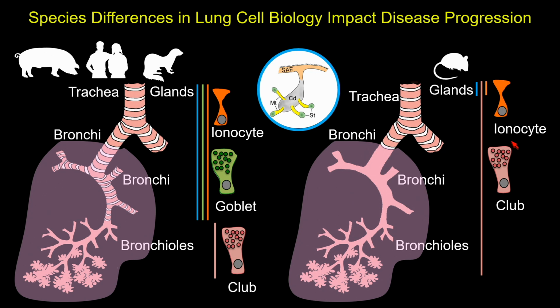However, in mice, submucosal glands are sparse and limited to the proximal trachea, and the airway epithelial cell types are different from humans. We can see here club cells are the major secretory cell in mouse airway, and ionocytes, the CFTR-rich cell type, are expressed in the proximal trachea.